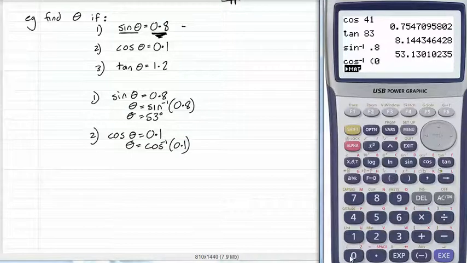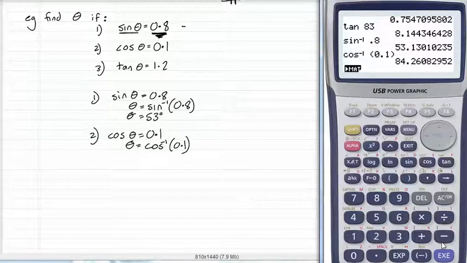Brackets 0.1 equals, it still tells me my angle. Check that I don't need to round, no I don't, 84 degrees. So all these questions are saying is, if I know the ratio, please tell me, calculator, what was the angle?